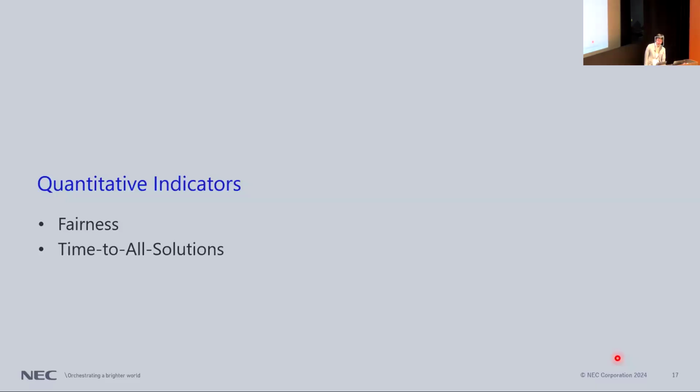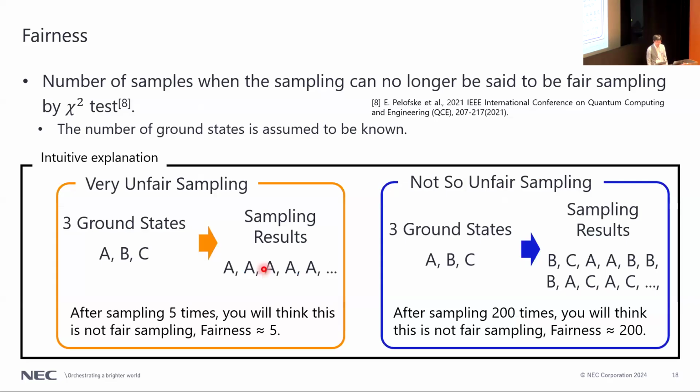We have now seen that the stronger forward interaction makes the sampling fairer. But in order to compare how fair the sampling is, we will introduce a quantitative measure. Here we will use the fairness and time to all solutions metrics. First, let me explain fairness.